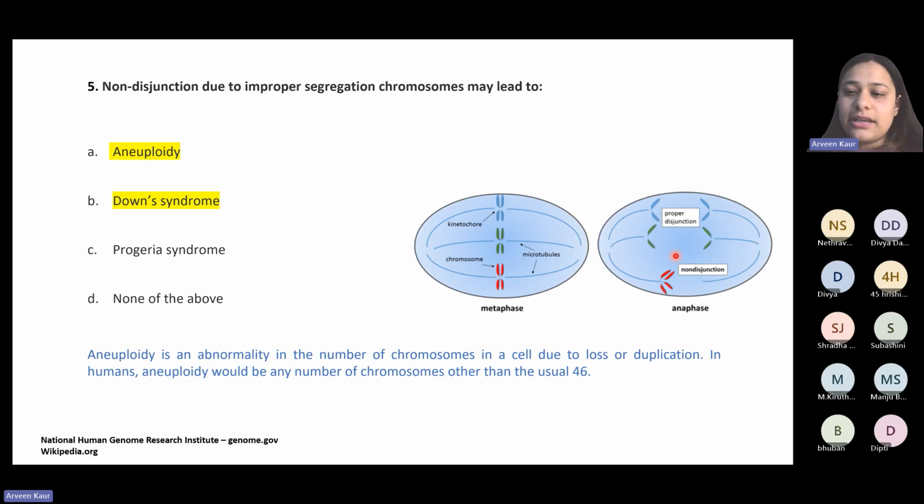So over here again, there is a representation of non-disjunction like the one that I had drawn earlier. That was a very pathetic drawing, but this is a more sophisticated representation of what we were trying to say, right? So at metaphase 1, sometimes what might happen is that there is normal attachment of microtubules, right?